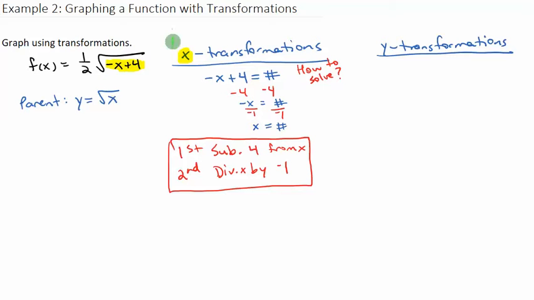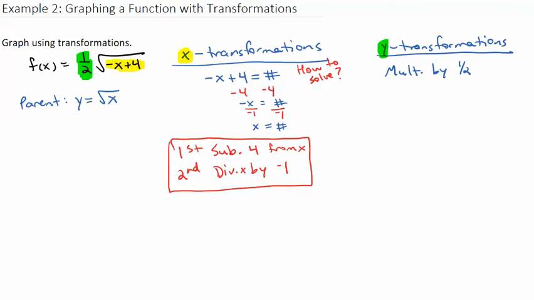Okay, next, my y transformations. I only have one. It's what's happening to this parent function, to the square root, and what's happening is I'm multiplying by 1/2. Y transformations are just what you see is what you get. So I'm multiplying by 1/2, so I simply write multiply by 1/2, and that's my y transformation.